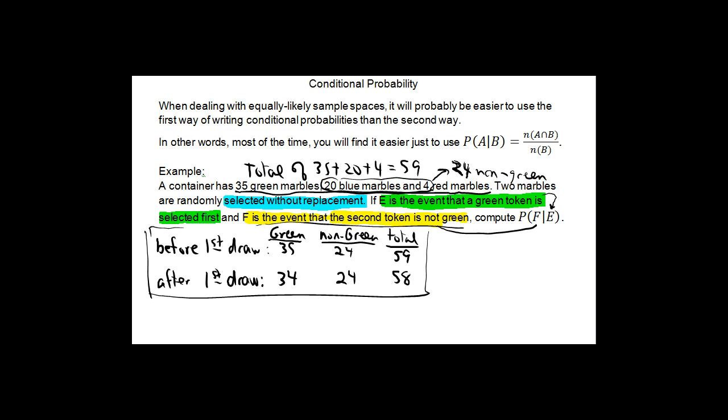So we want to know the probability of F given E. Now, I like to see this in words. I'm going to translate that. The probability of F is that the second is not green, given, and E is that the first one is green.